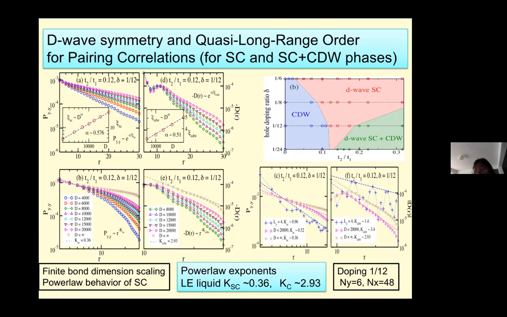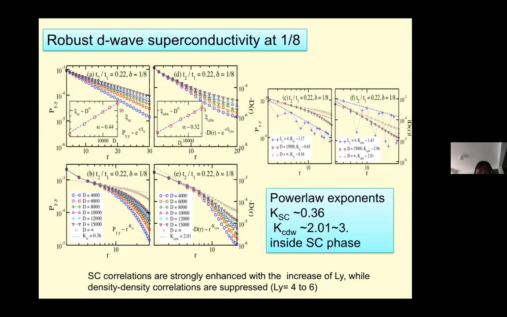Then the D equals 20,000 data shows behavior very close to the infinite bond dimension extrapolated data. So that is the point for the whole doping 1/12.